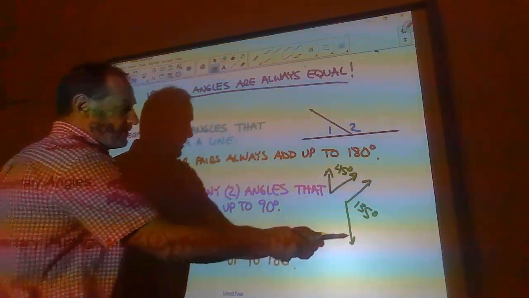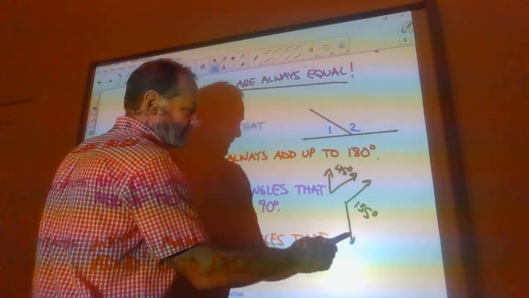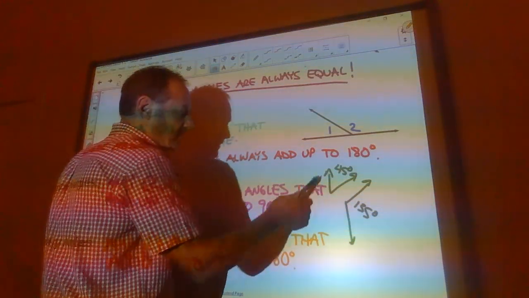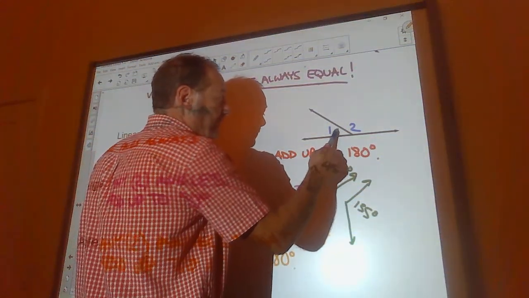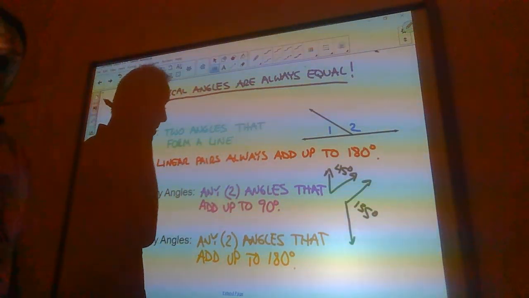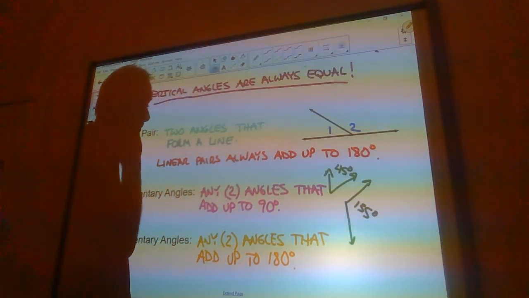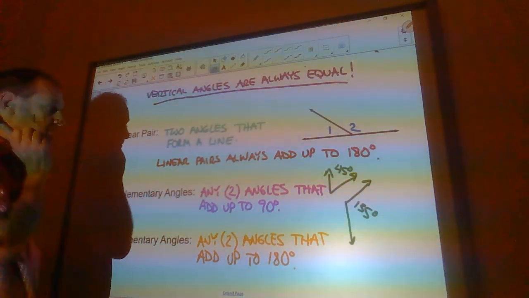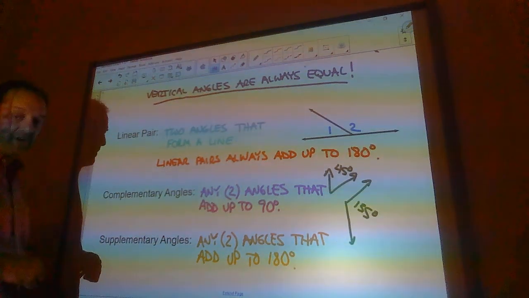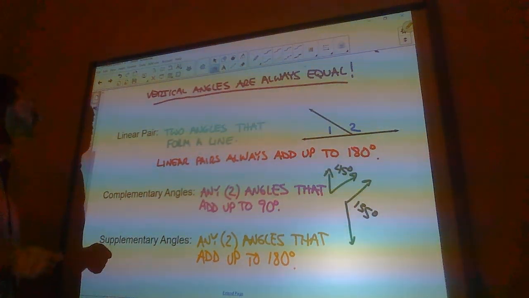Okay, so these two angles here would be supplementary. All right, they're not a linear pair, but they're supplementary. These two angles right here, they are not only supplementary, but they are also a linear pair because they form a line, they share a side. Okay, so linear pair is more restrictive than supplementary is.